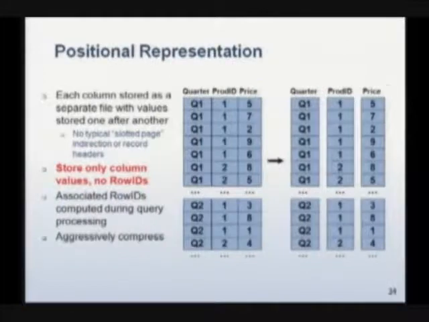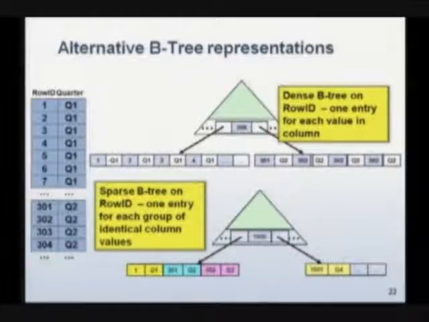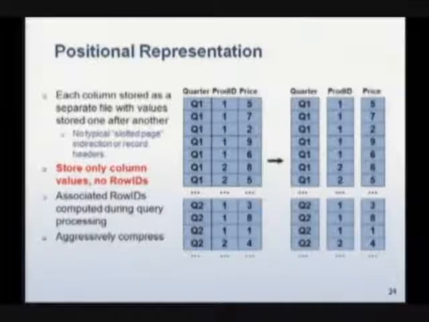Now, for a long time, people were stuck on these two representations, using a modified B tree or using this DSM model. And finally, Sybase and Vertica, CStore Vertica, came along and said, let's throw all those row IDs away. Let's let the database system keep track of the correspondence between the values in the different columns while it's executing.